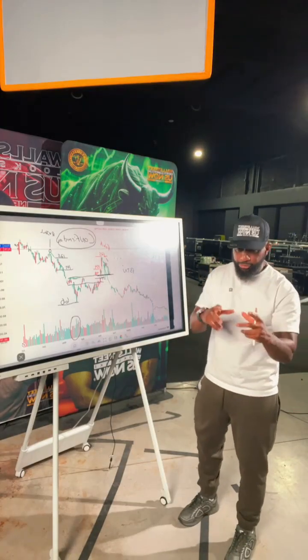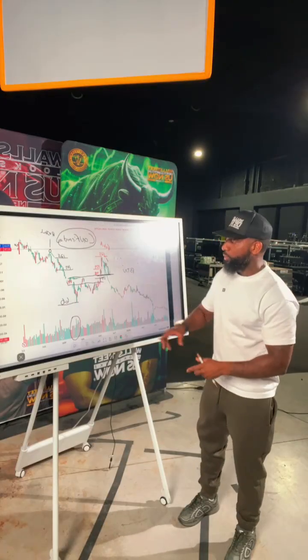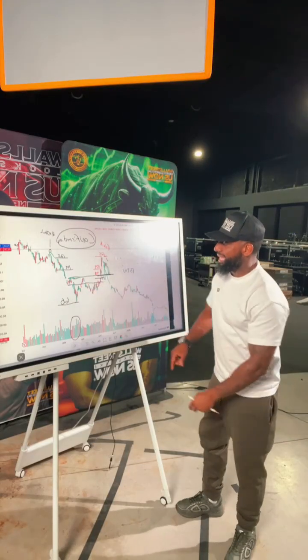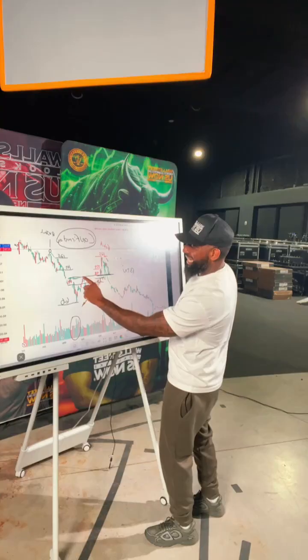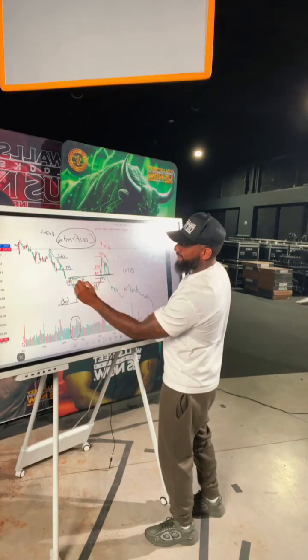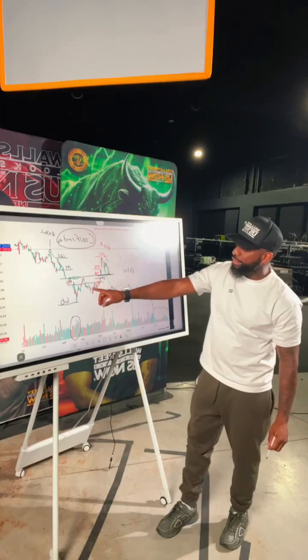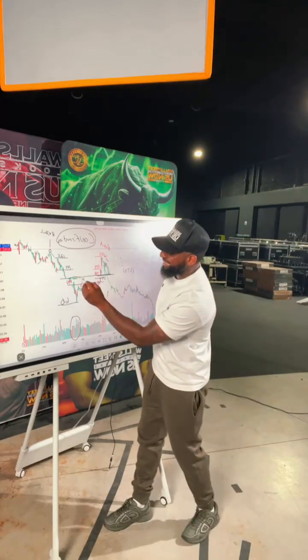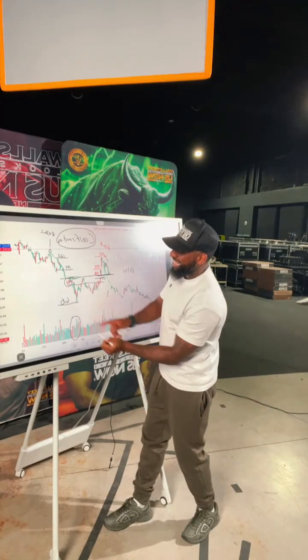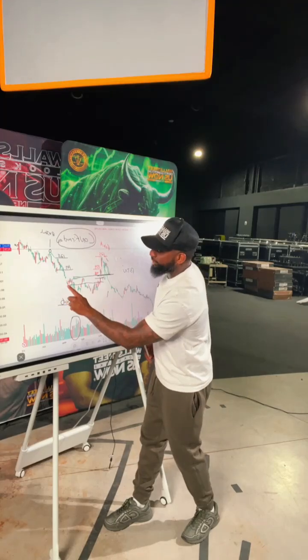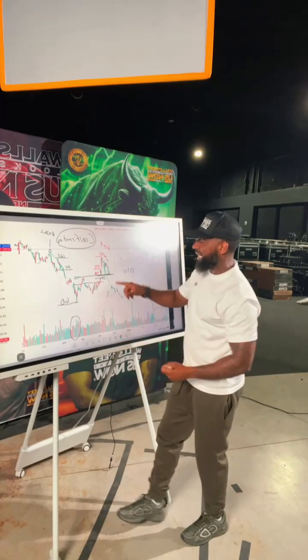This is what separates traders from spectators, y'all. We broke this level, and then we broke our 98 level. Watch this. The same way from here we gapped down, look what we did right here. We got consolidation, and then it gapped up. And that's what took us above 98.